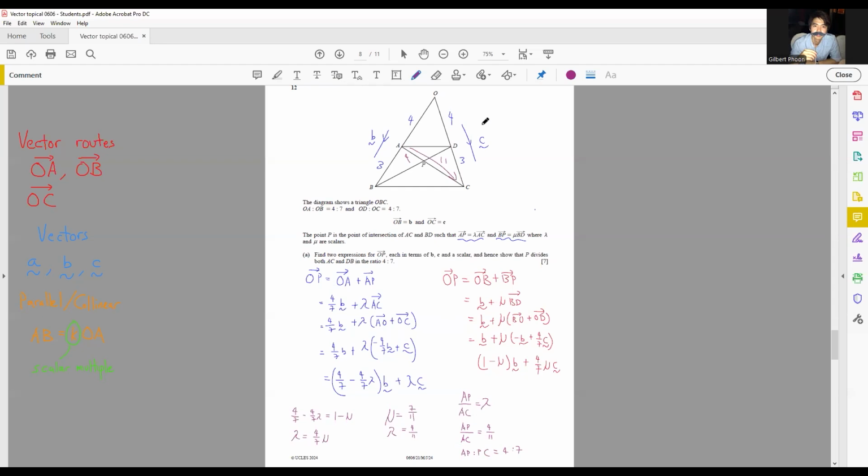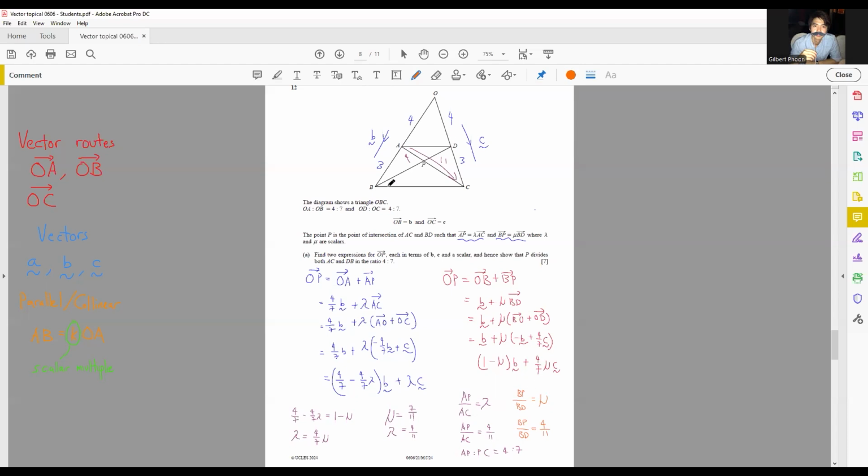Then for DB, you can do the same. DB is this equation over here, where you have BP over BD is equal to μ. And μ is 4 over 11, right? BP to BD is 4 over 11.